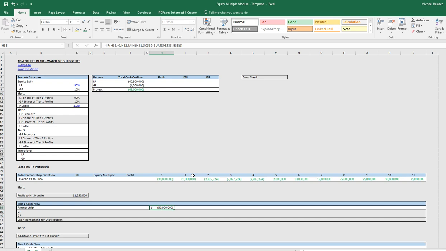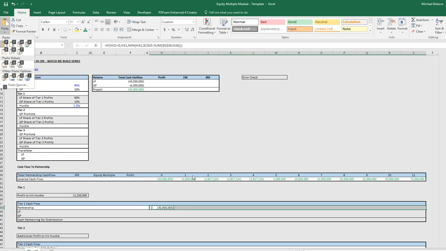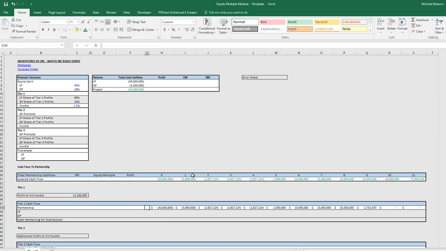As we copy this down, I'm going to Control C, Shift Control together with my right arrow, let go of Control, keep Shift, hit the left arrow, and then Alt H V O. And as you'll see, I've locked in cell C35 and G38. So this gives me my cash flow up until I hit a 1.25 equity multiple.